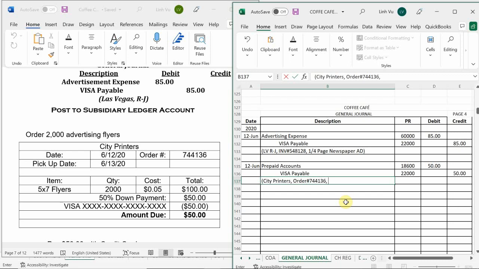And how did you pay? Well, you paid with Visa credit card. And what did you buy for? So I'm going to say 50% down payment on 2,000 flyers.